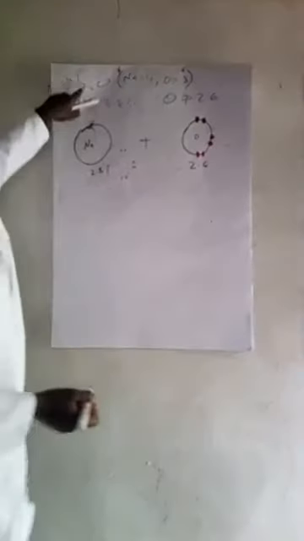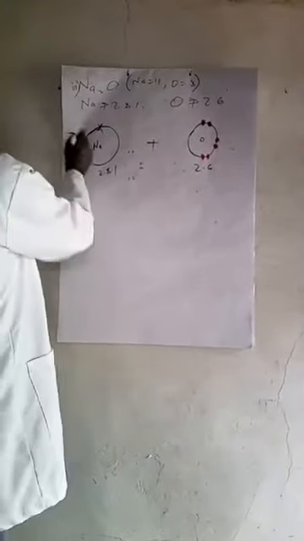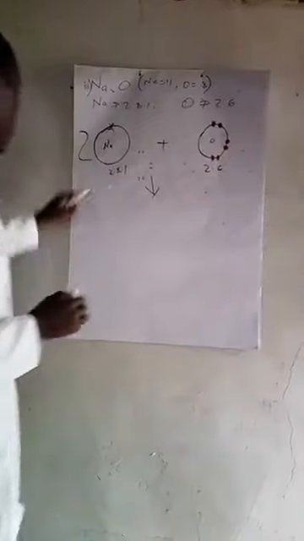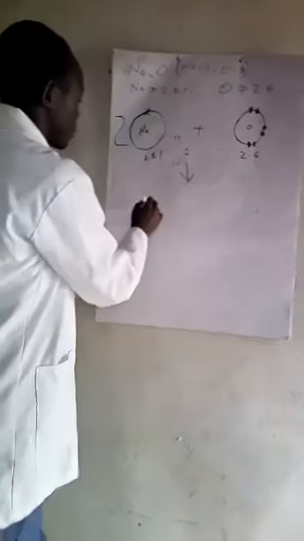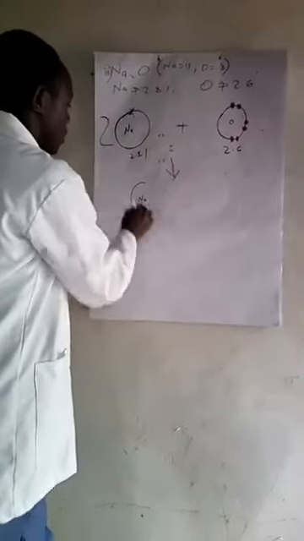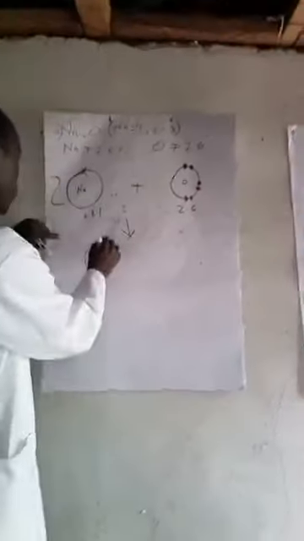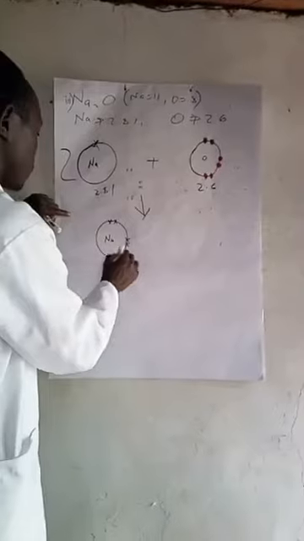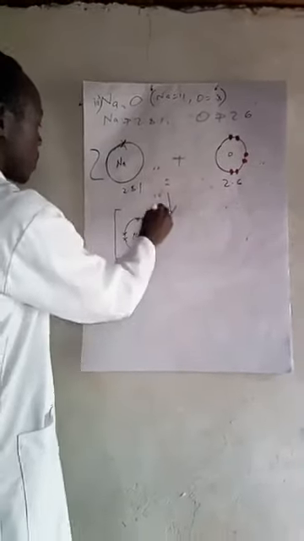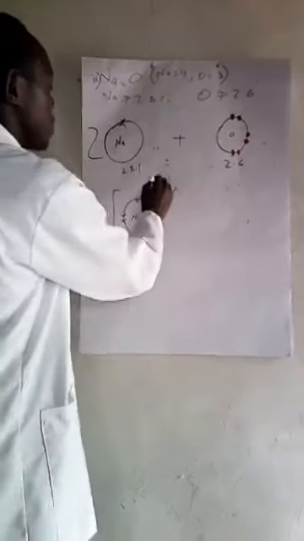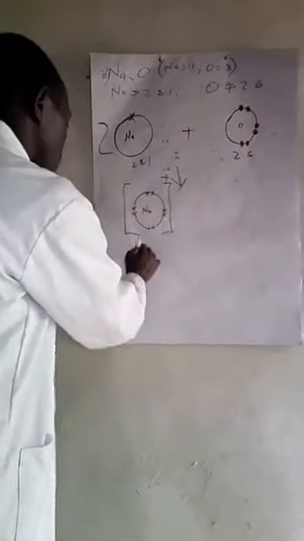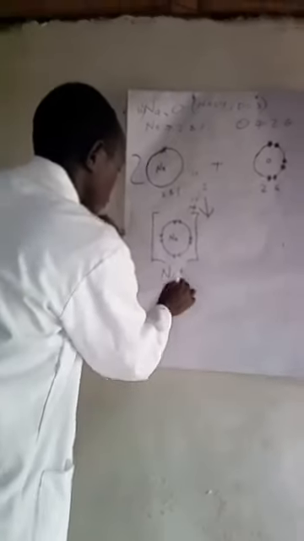We have said you require 2 sodiums for 1 oxygen, so you put a coefficient 2 in front of sodium. Sodium loses 1, so you remain with 8: 1, 2, 3, 4, 5, 6, 7, 8. Enclose it with a square bracket. Because it is sodium, there is a positive there. And this is the sodium ion, which is 2, 8.